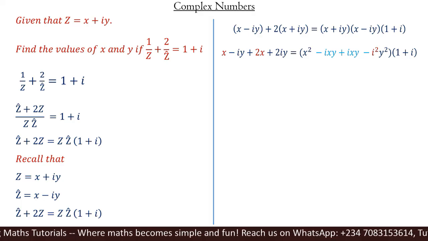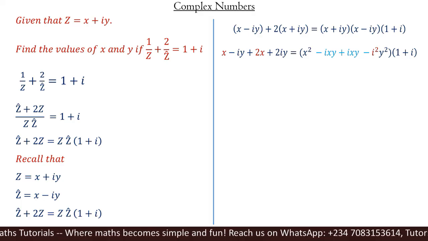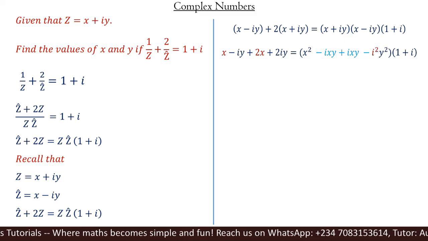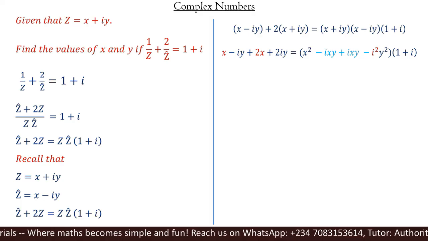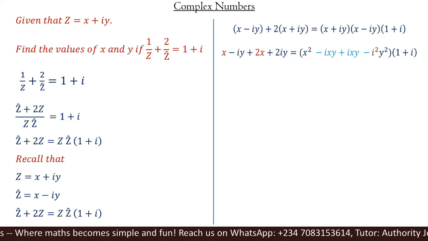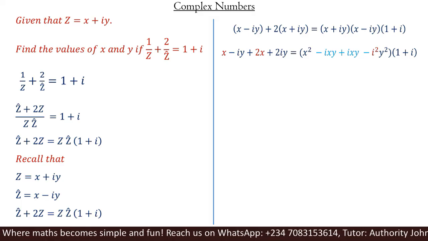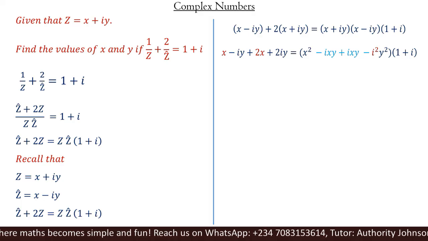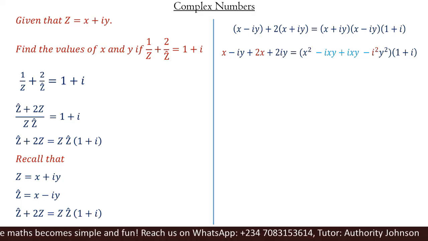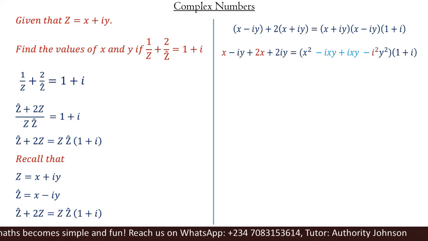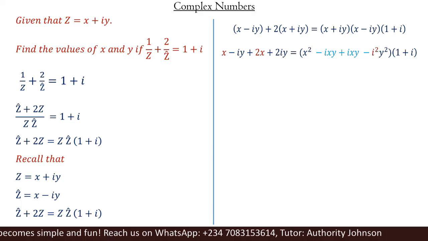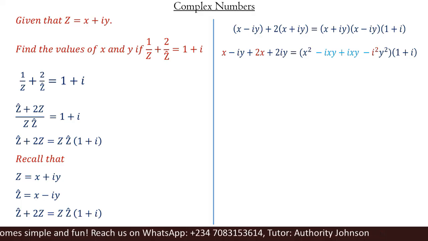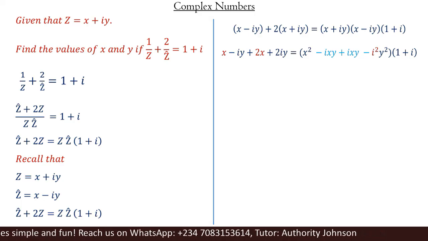On the right hand side, let's open this bracket. x in the first bracket multiplied by x in the second bracket gives us x squared. Then x multiplied by minus iy gives us minus ixy. Then iy multiplied by x gives us plus ixy.